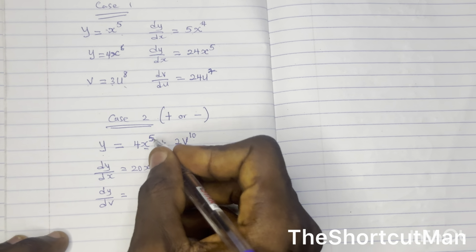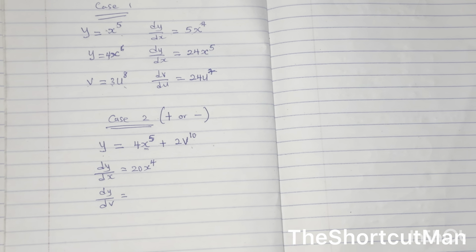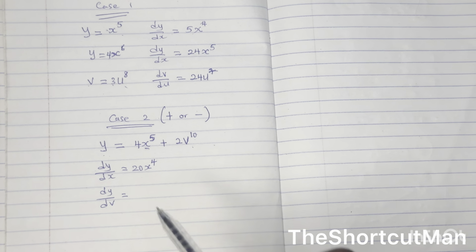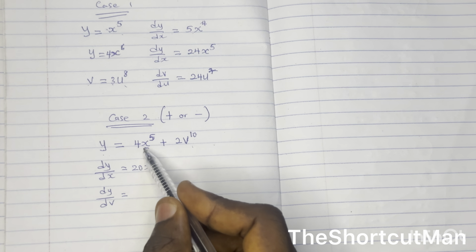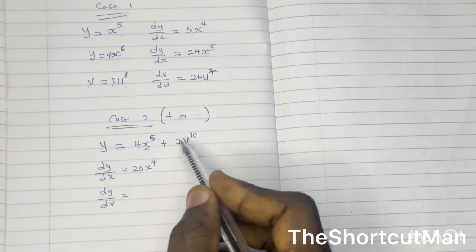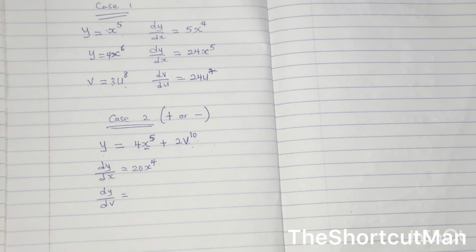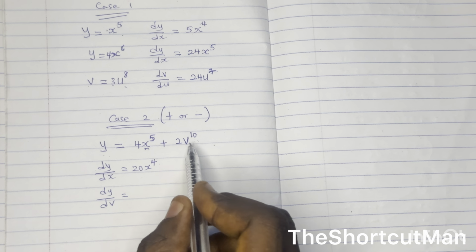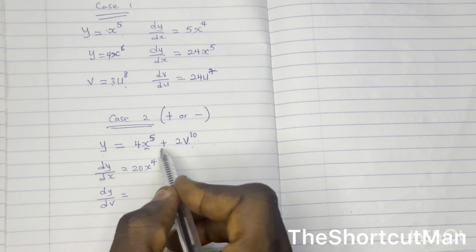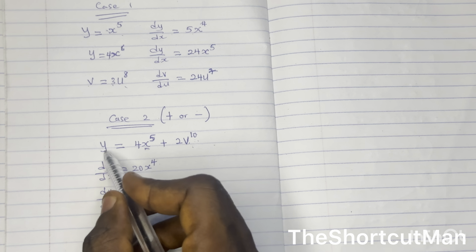Then x raised to the power 5 minus 1 is 4. That is dy/dx. But don't forget, in case 2, because the sign between x and v is addition, I did not include this v. Please take note: I did not include v because the sign between x and v is addition.